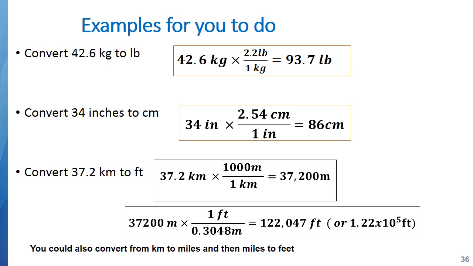The way I have it here is I first converted from kilometers to meters, since there's 1,000 meters in a kilometer, so 37,200 meters, and then I used my conversion factor that there's 0.3048 meters in a foot, and so if you divide, you end up with 122,000 feet. If you had converted from kilometers to miles first, using that conversion, then miles to feet, you should have gotten very close to the same answer.